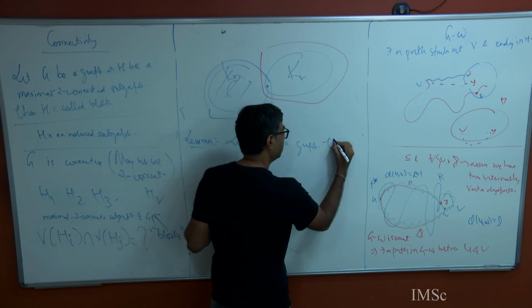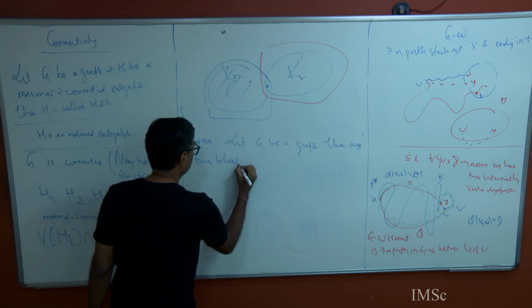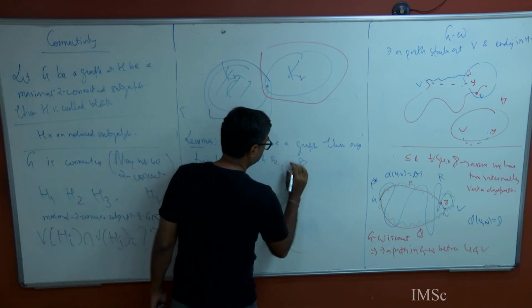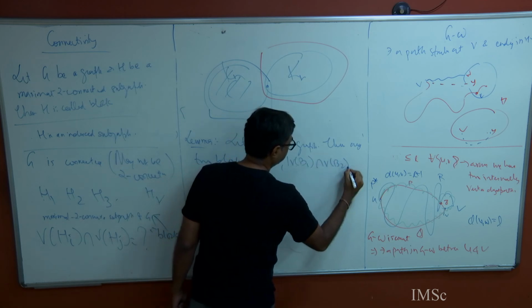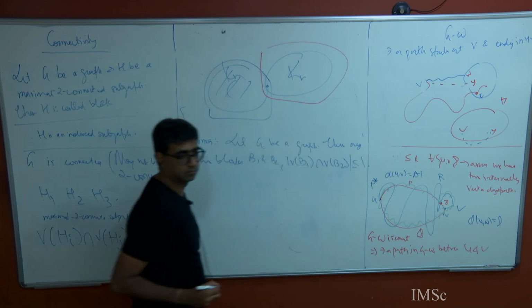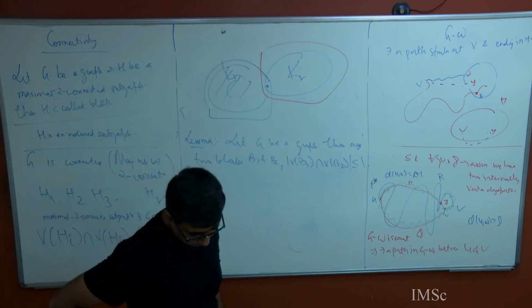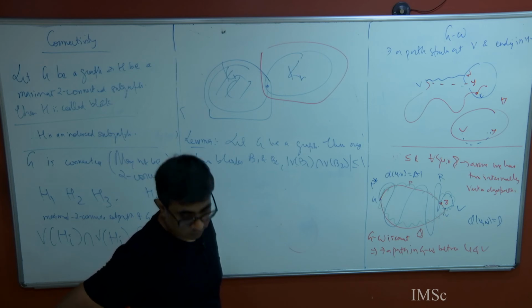Then for any two blocks B1 and B2, the intersection of the vertex set of B1 and the vertex set of B2 is upper bounded by 1. Proof. Say the intersection has two vertices x and y.